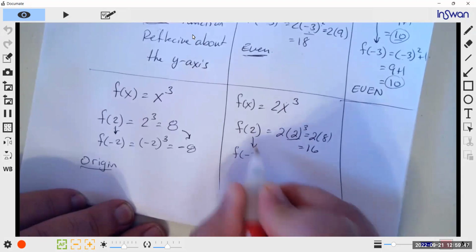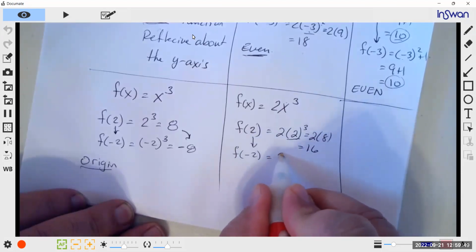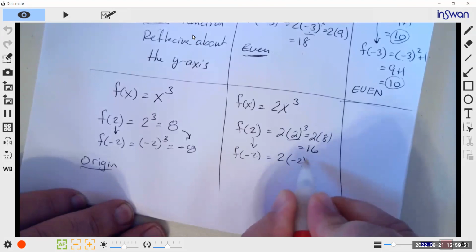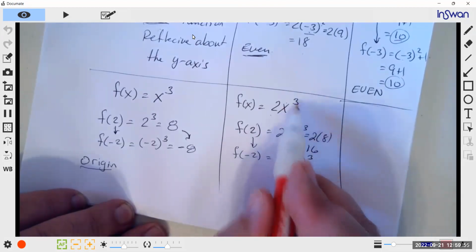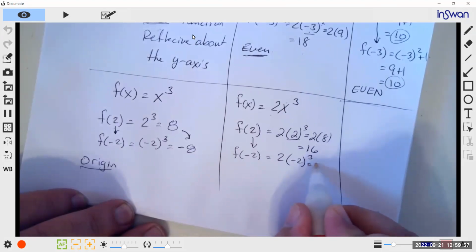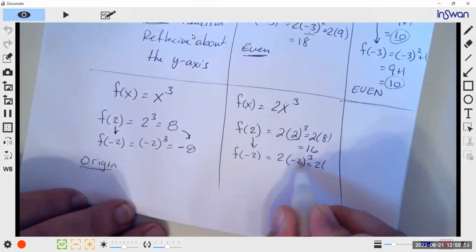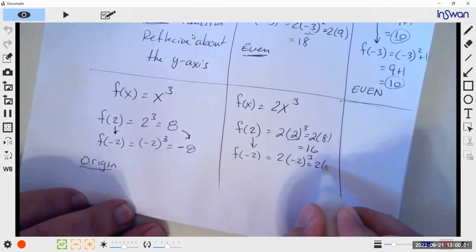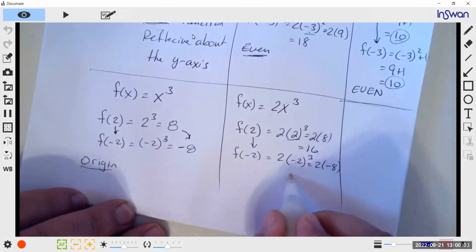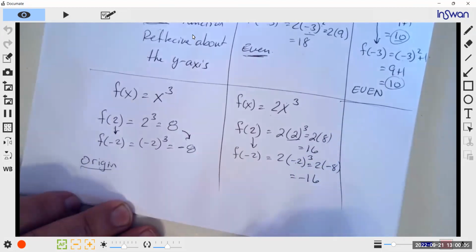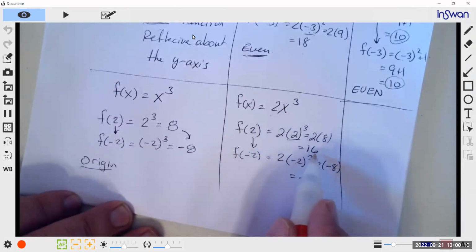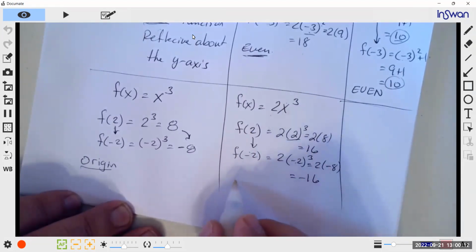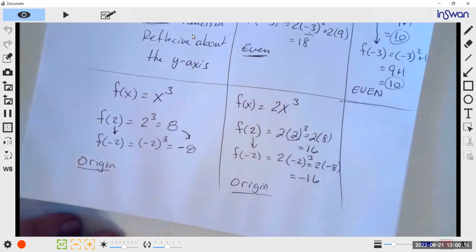So change x from positive to negative x, see what happens. So 2 times negative 2 cubed. Negative 2 cubed is negative 8, which makes it a negative 16. So x changed from positive to negative, the answer changed from positive to negative. So because of that, it's symmetric about the origin.